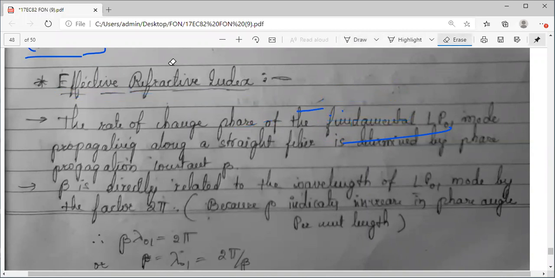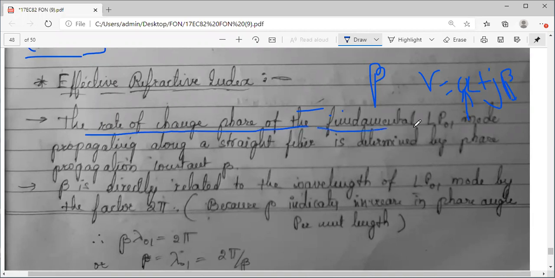This is important because we have already seen what beta is. Beta is the propagation constant, right? Especially in gamma, we come across two things, one is alpha and the other one is beta. But in case of optical fibers, we neglect this alpha, the attenuation. Coming to beta, which is a phase constant: the rate of change of the phase of the fundamental LP01 mode. Fundamental obviously means we are now in single mode operation.